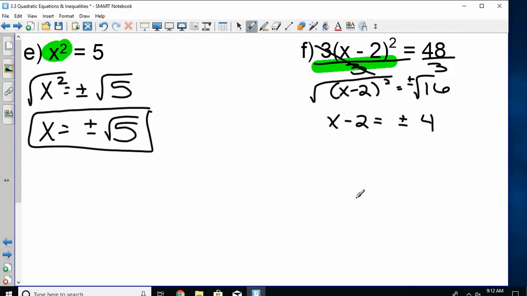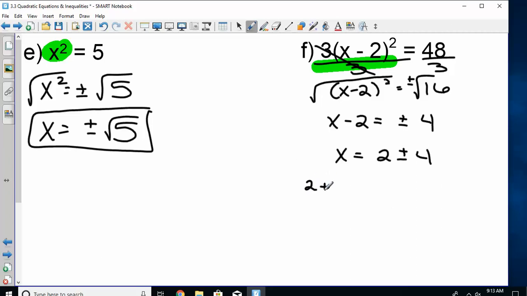Okay. Here's where you need to be careful. If I add my 2 over, your answer is not plus or minus 6. That's what people want to do. They want to just add those like terms, but this is incorrect. What this means is 2 plus or minus 4.